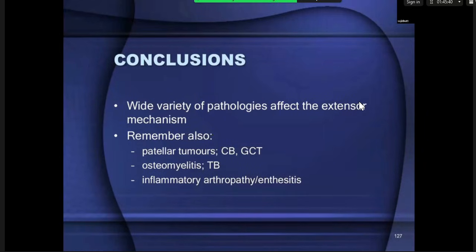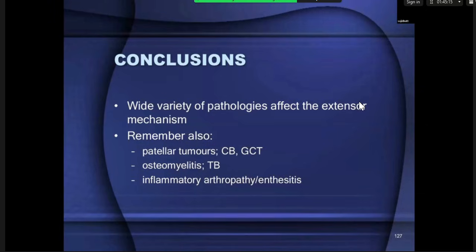So in the extensor compartment, there are quite a few pathologies which can be seen. I've shown you examples of congenital malformations in terms of a high riding patella and a combination of high riding patella and trochlear dysplasia resulting in problems. I've shown you examples of acute trauma, acute tendinopathy.